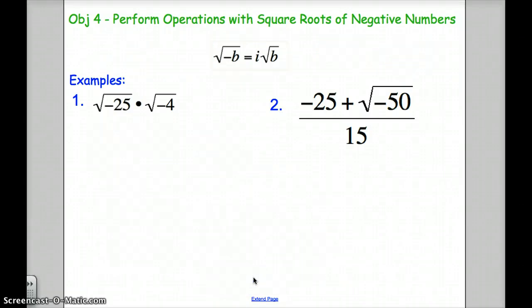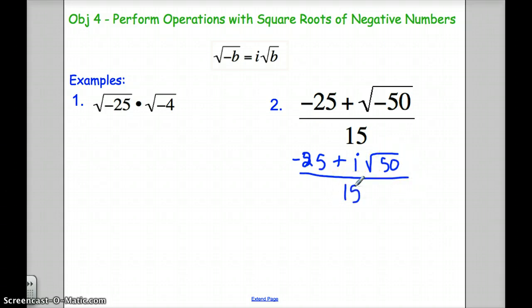So let's take a look at b here. Negative 25 plus the square root of negative 50 all over 15. So first I'm going to start with taking out i and writing this as i square root of 50 all over 15. Remember, with proper form and standard form of complex numbers, we want to separate things.